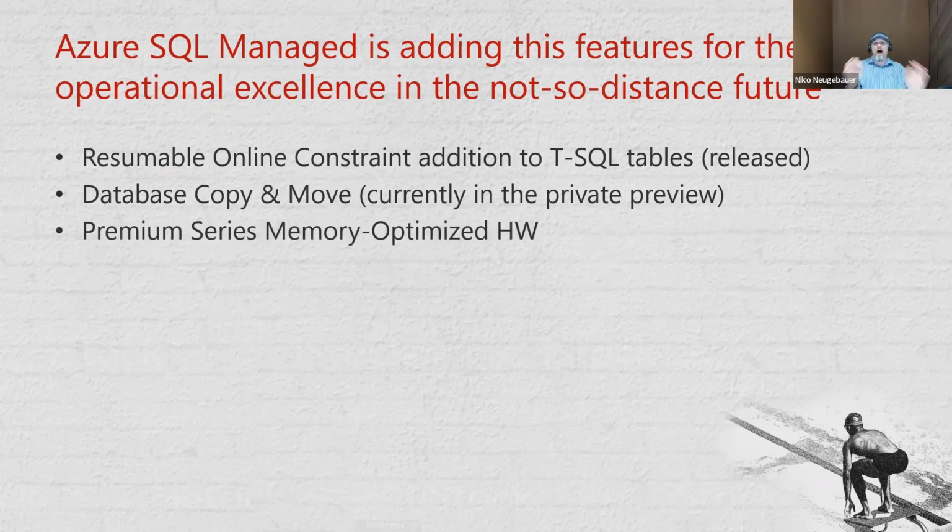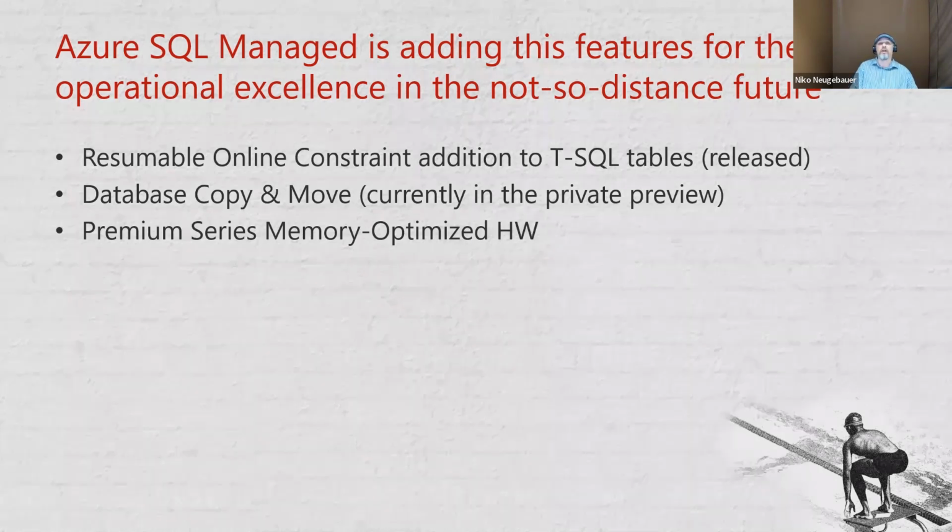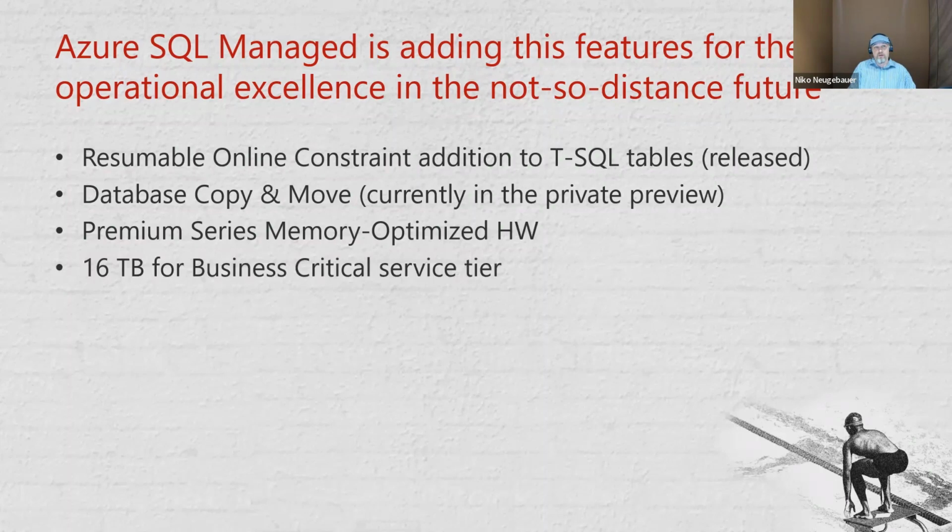We are counting the minutes, hours, days, weeks until the premium series memory optimized hardware goes into general availability. The same is true for 16 terabytes on the business critical service tier. These are some of the most asked and requested features we have been receiving lately.